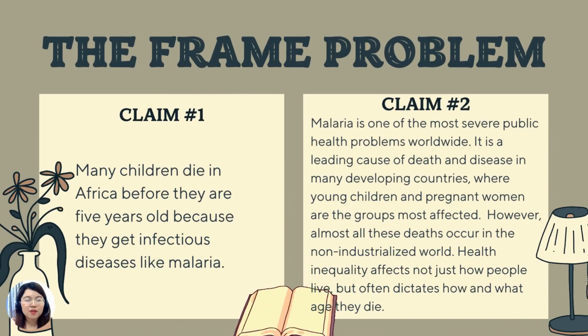Okay, let me read to you claim number 1. Many children die in Africa before they are 5 years old because they get infectious diseases like malaria.